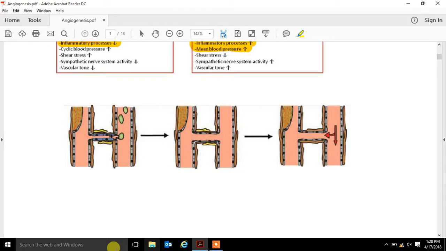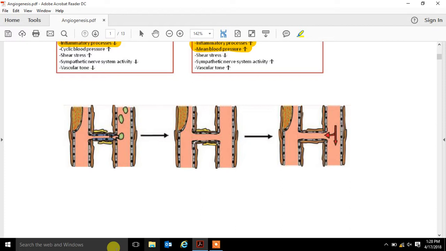This process is critical because you think about someone developing atherosclerotic plaque. This is kind of the body's internal method in which it can take a collateral that already exists and increase its size to improve perfusion to the more anoxic tissue.